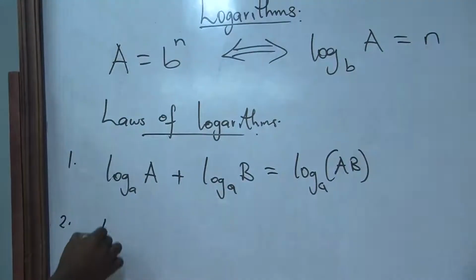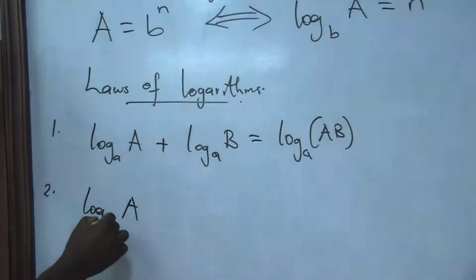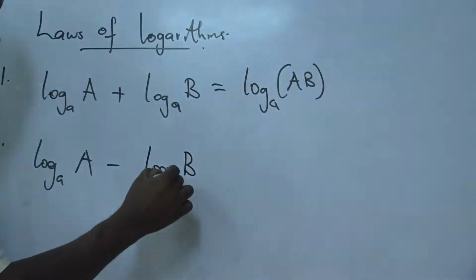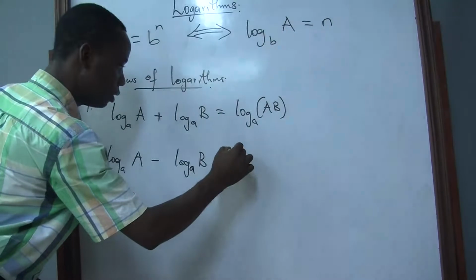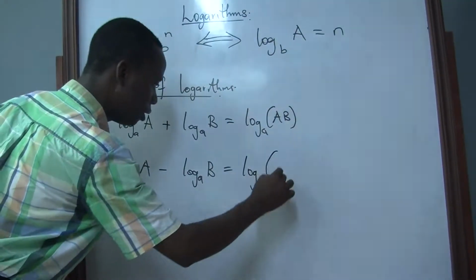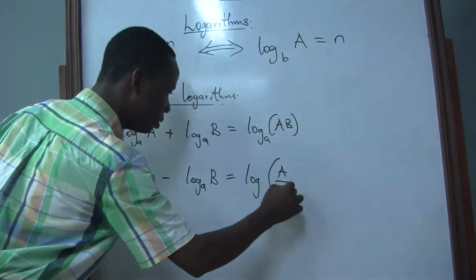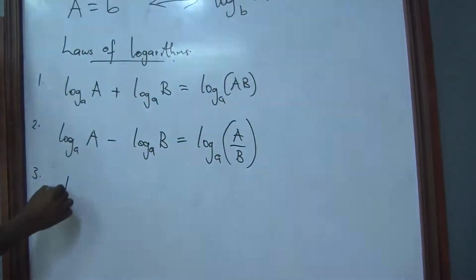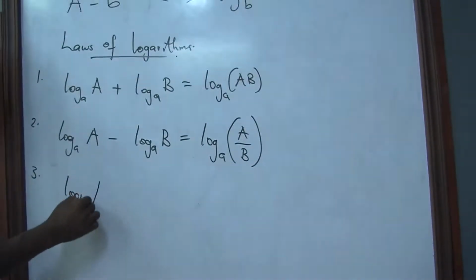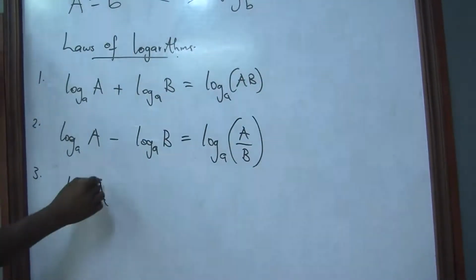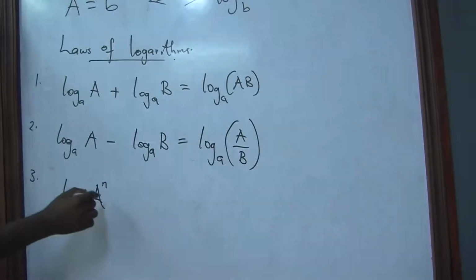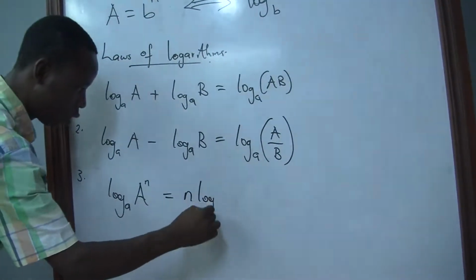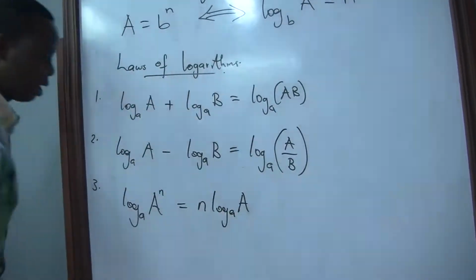Number 2, when we have log of a in base a minus log of b in base a, the 2 equal log of a all over b in base a. 3, when we have log of a in base a raised to the power of n, this will equal n log a in base a.